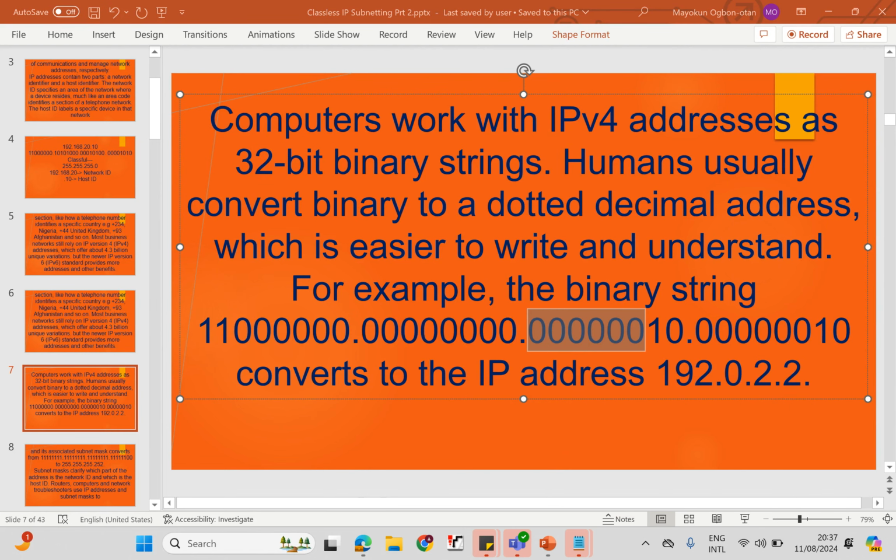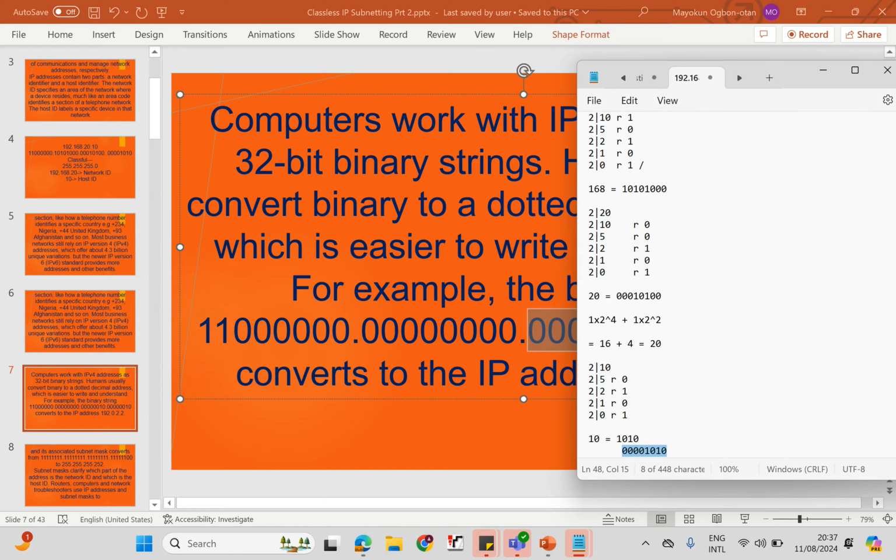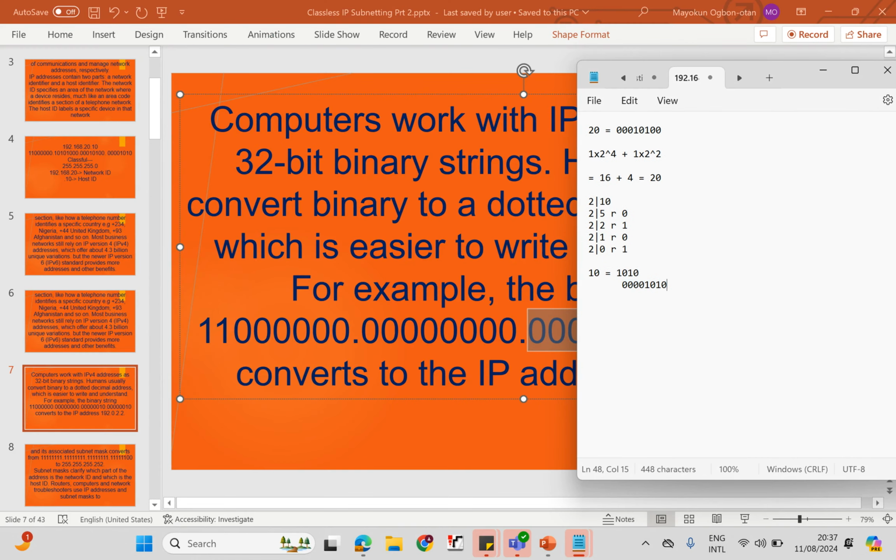If you look at 2 here, we can go back and quickly do 2. So let's convert 2 to binary. So 2 goes in 2 is going to be 1, remainder 0, and then 2 goes in 1 is going to be 0, remainder 1. And if we are to move it up, our answer will be 2 equals 10.